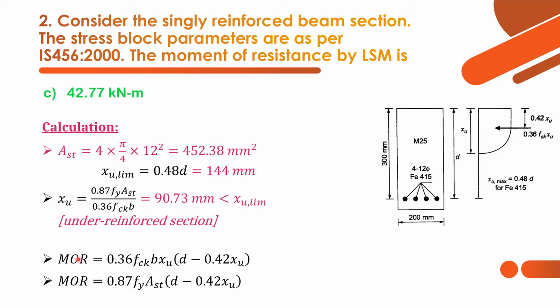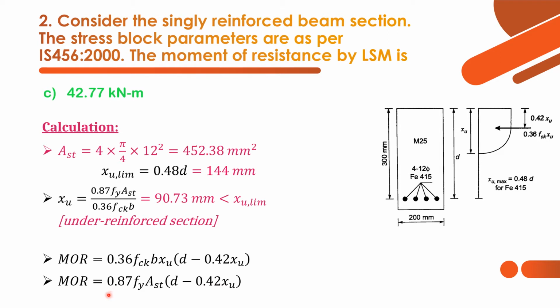For an under reinforced section, we shall use one of these two formulas to get the moment of resistance. In case we have to consider the concrete properties, we can use this: moment of resistance is equal to 0.36 fck b xu into d minus 0.42 xu. We know all the parameters here, so on substituting we get the moment of resistance as 42.77 kilonewton meter.